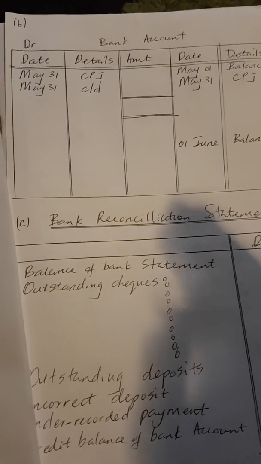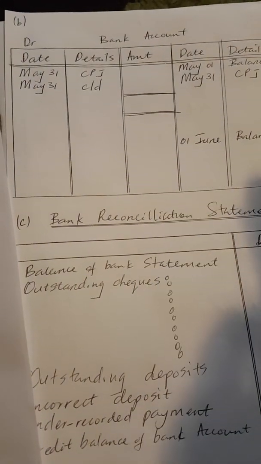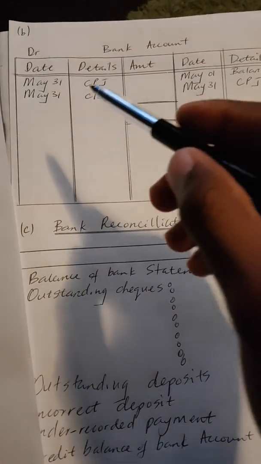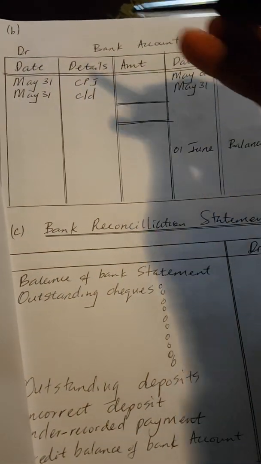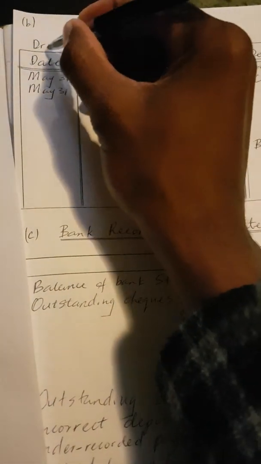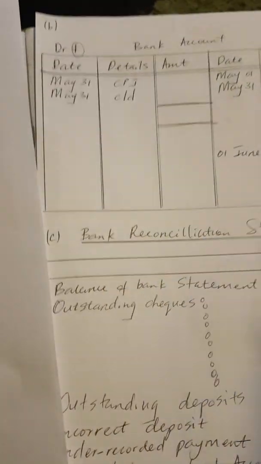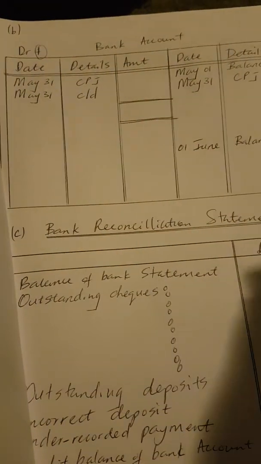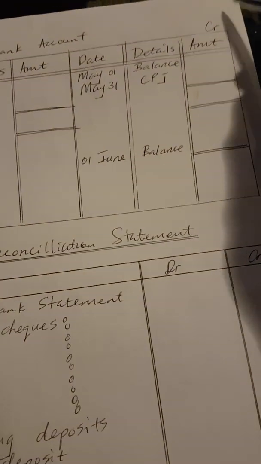If they say the balance of the bank account is favorable, it's going to be on the debit side because the bank is an asset, which is positive on the debit side. If they say the balance of the bank account is unfavorable, it will be on the credit side.